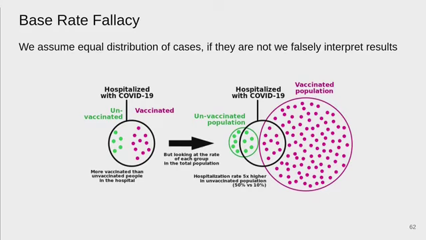So essentially the true hospitalization rate is 5 times higher in the unvaccinated population: 50% of the unvaccinated population versus 10% of the vaccinated population, which is a massive difference. But if you look just at the numbers, it looks as if there are more vaccinated people hospitalized, so the vaccine itself would not be useful.